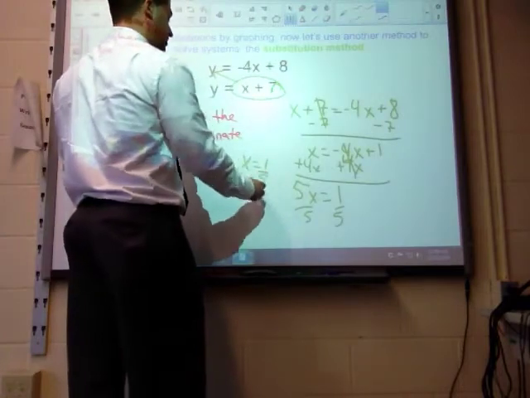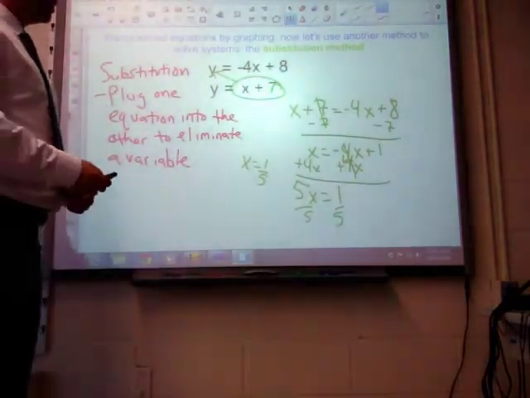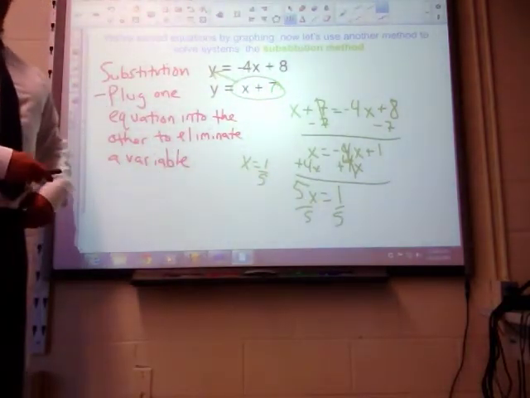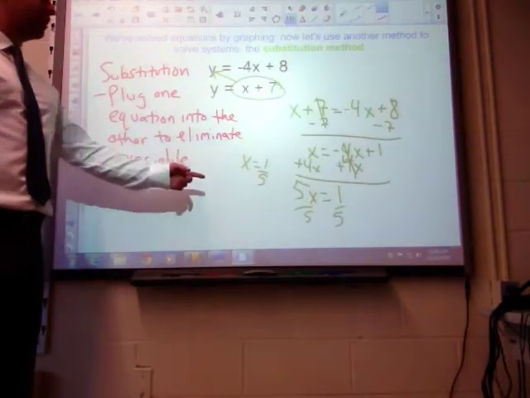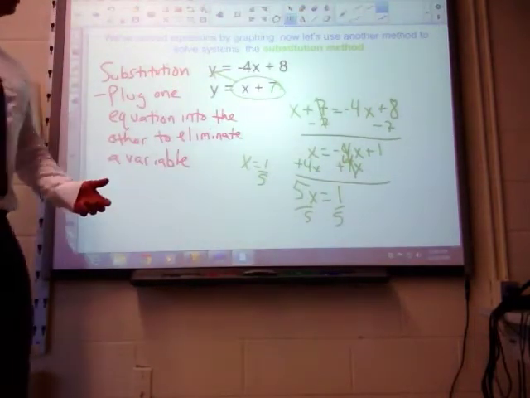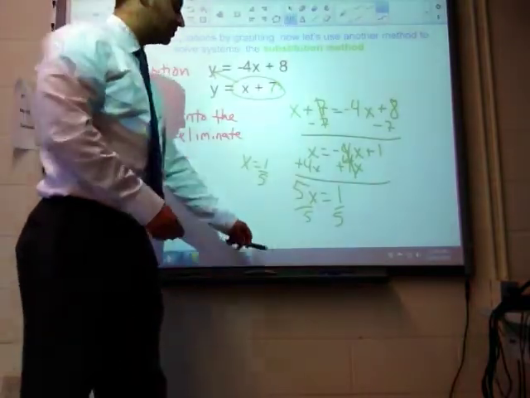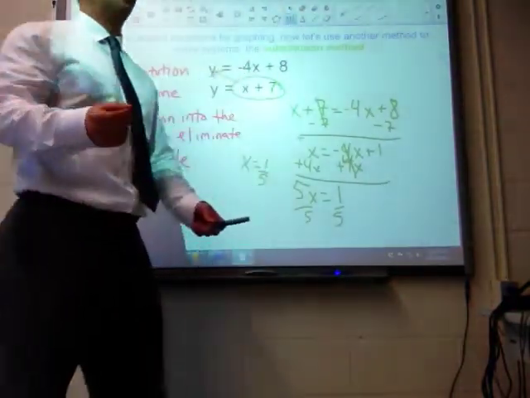Now notice, x equals 1/5 is a really ugly fraction. And if you try to graph these two equations and you got 1/5, you would never know that that was your point. It would just be some estimate because a fraction is very difficult to plot on a graph.